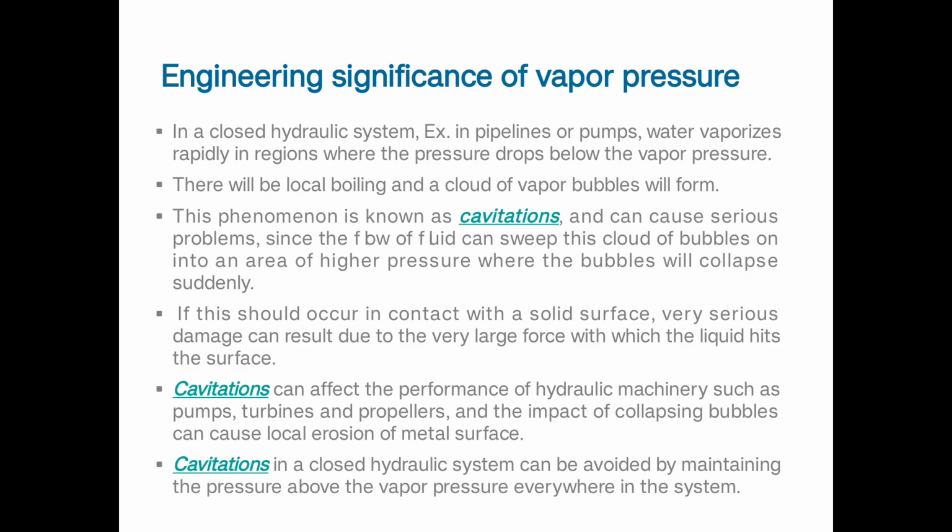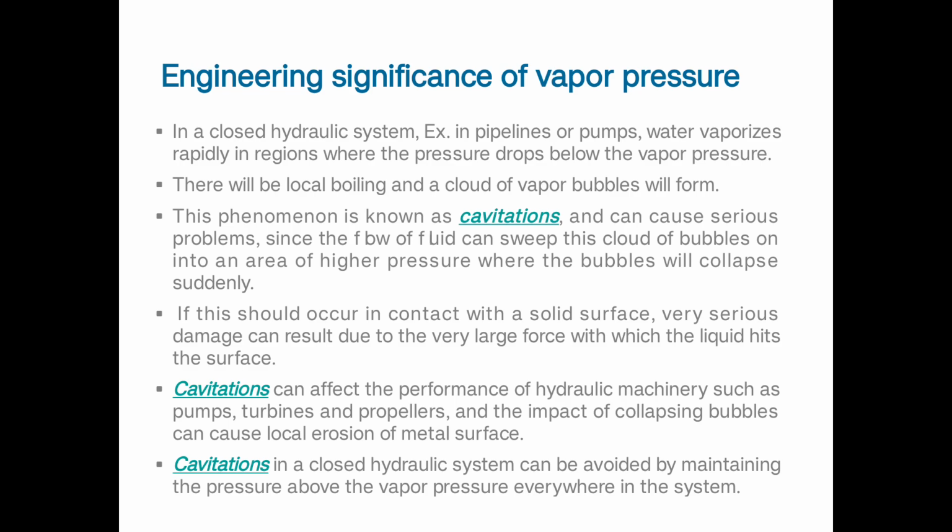Got it? That's why I have chosen the pump as one of the closed hydraulic systems here to explain. So when those vapor bubbles form, they go and hit the moving metallic parts of the pump, say the propeller or the impeller of a turbine, a reverse action. Got it?